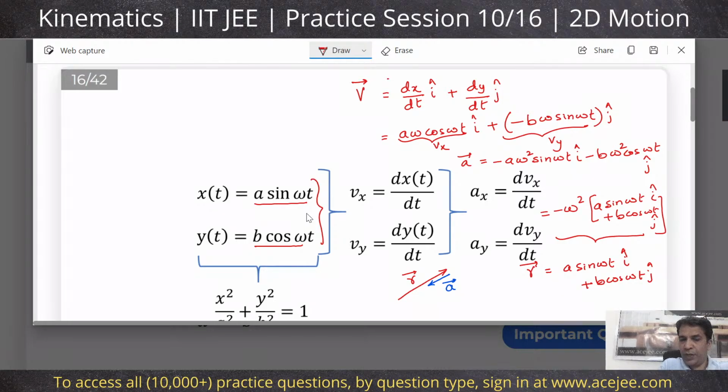We divide x by a and then square it. Similarly, I divide y by b and then square it and add. So on the right hand side, we'll have sine square omega t plus cos square omega t. This is the equation of an ellipse.